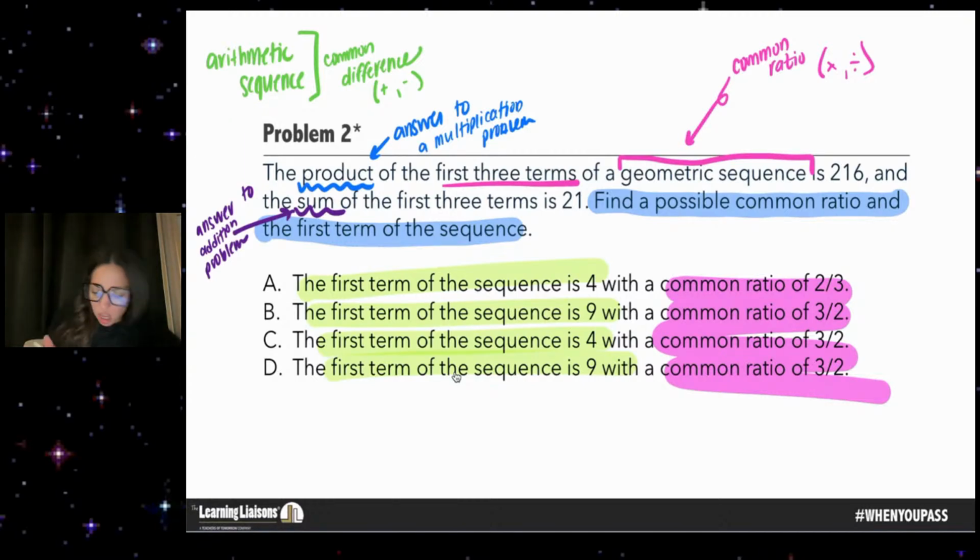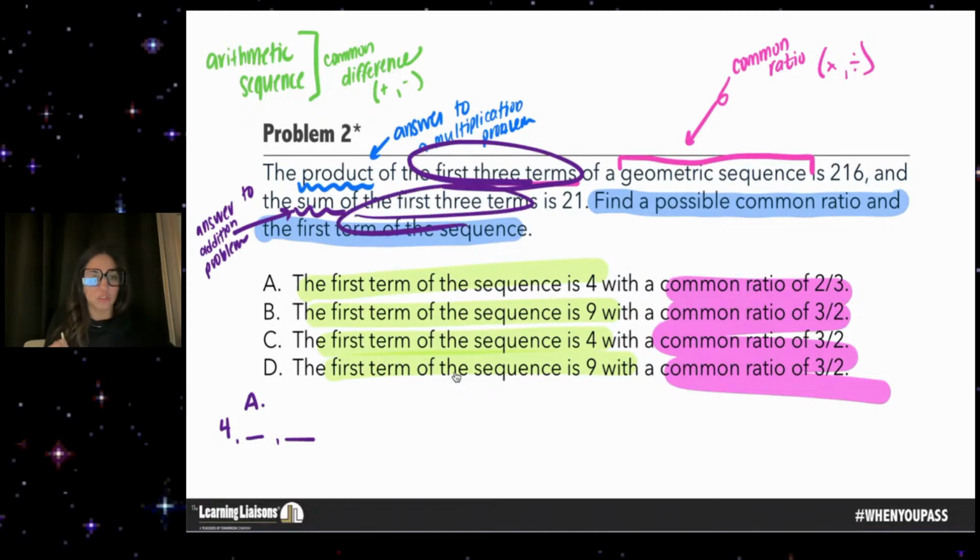Use your answer choices. So A, if the first term is 4, then I need a second and a third term because we need the product of the first 3 terms and we need the sum of the first 3 terms, right? So 4 with a common ratio of 2/3. 4 times 2/3, and then that thing times 2/3. Use my calculator.